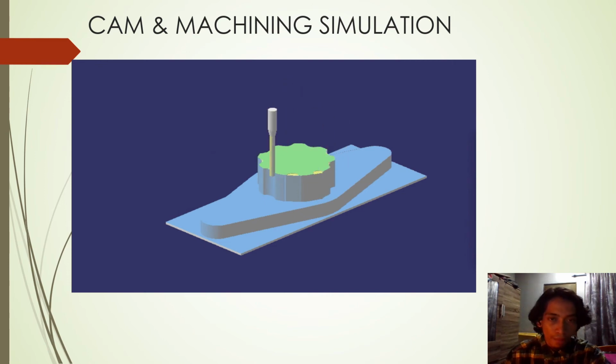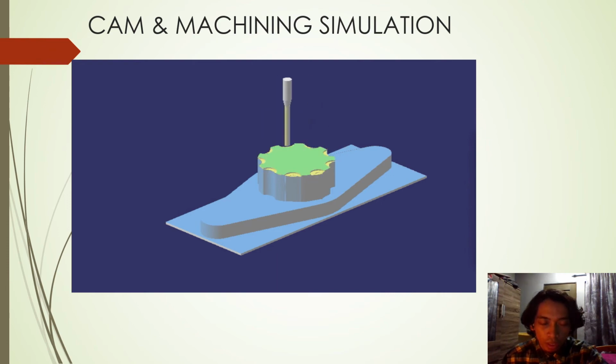Alright, so we move to the next process, which is on this gear section. We use profile contouring also, but we choose a diameter of 5 mm for the end mill tool for good finishing.